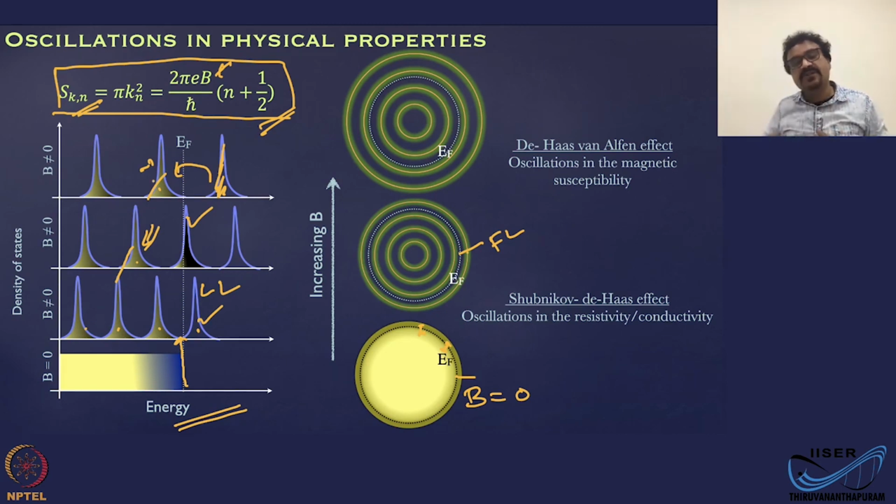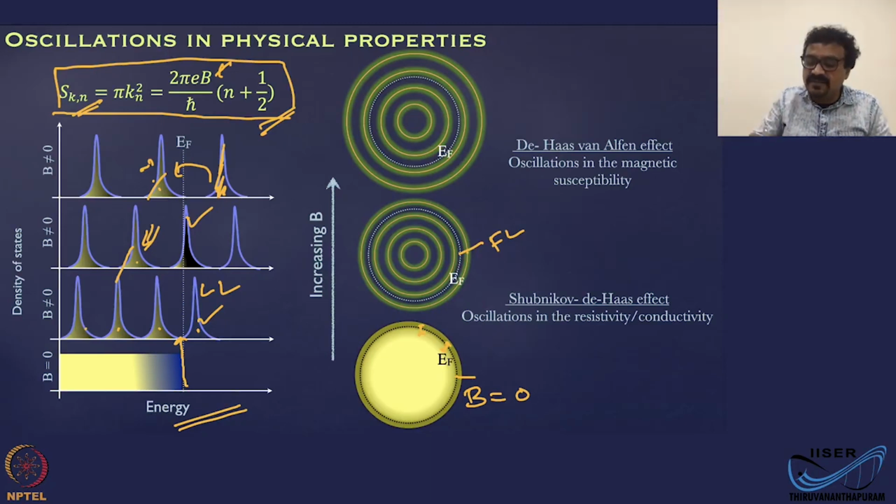This action of the electron suddenly transitioning from a higher Landau level to a lower Landau level, the moment it passes through the Fermi surface, is going to reflect in all the physical properties of the system. And this is going to give you oscillatory behavior in various physical properties.